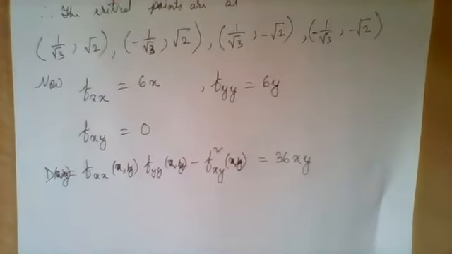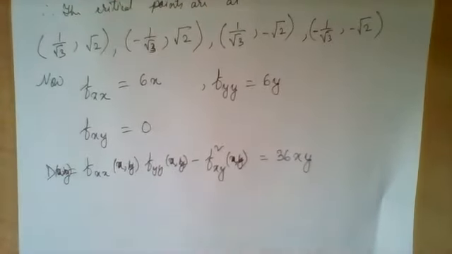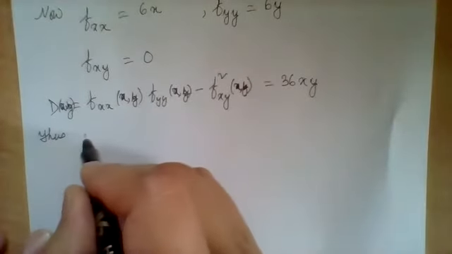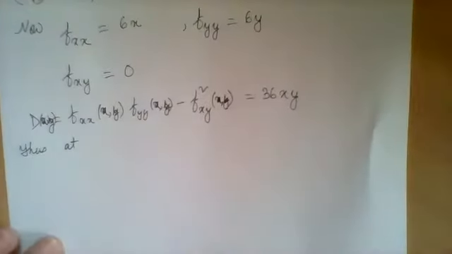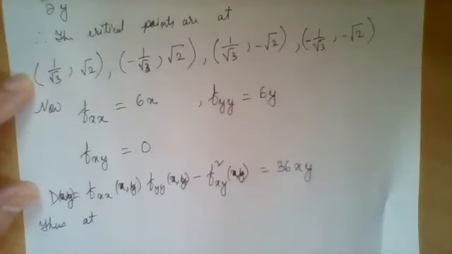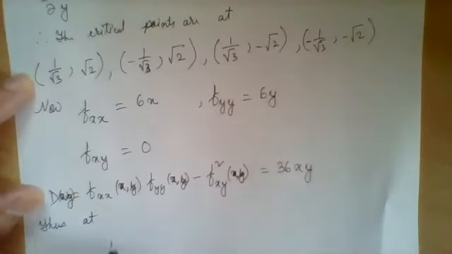Now let us consider the first critical point, at 1 by root 3 comma root 2.